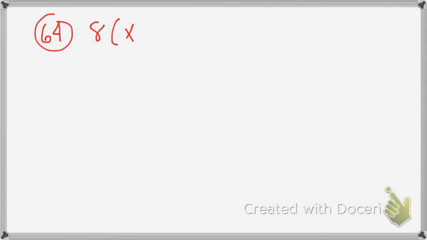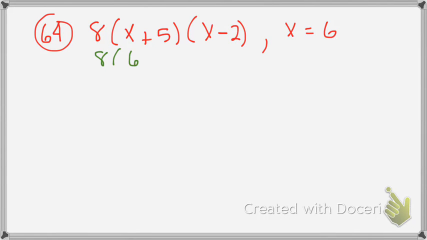But it is fascinating, at least it is to me, how a lot of students view this. And I'll show it to you two ways. The straightforward method, x is 6, just plug in a 6. So every place I see an x, I put in 6.